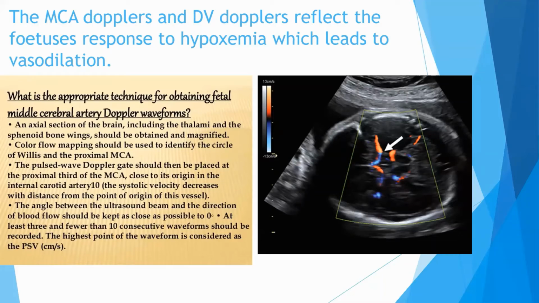The angle between the ultrasound beam and the direction of blood flow should be kept as close as possible to 0 degrees. And then we want to get at least 3 waveforms, but fewer than 10 consecutive waveforms, which are basically the same. Then you record them, and then you can measure them.